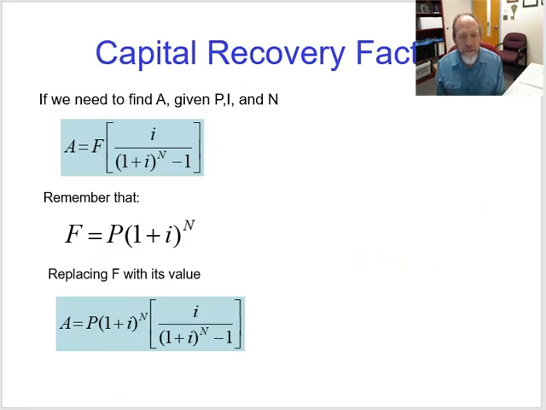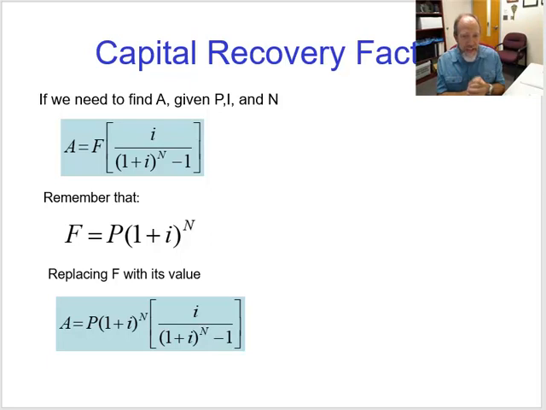Now, another factor that you might hear is the capital recovery factor. In this case, you see that the future value is in the equation that uses the sinking fund factor. It's A equals F times the factor, where A is the series of payments and F is the future value. But F is also equal to the present value times (1 plus i) to the n. Remember, that's the simple compound interest equation.